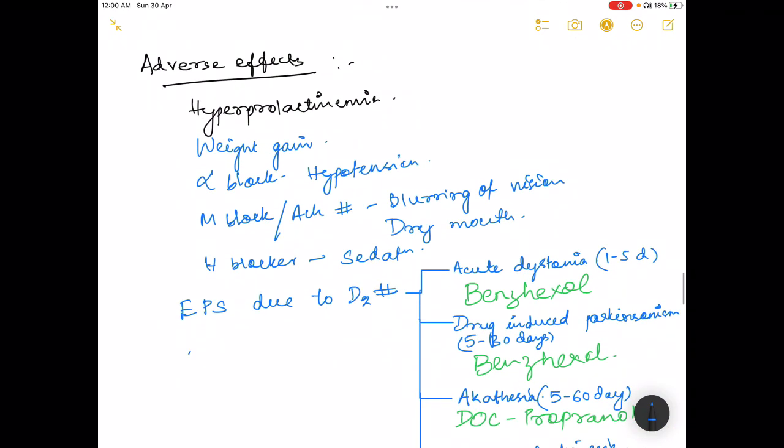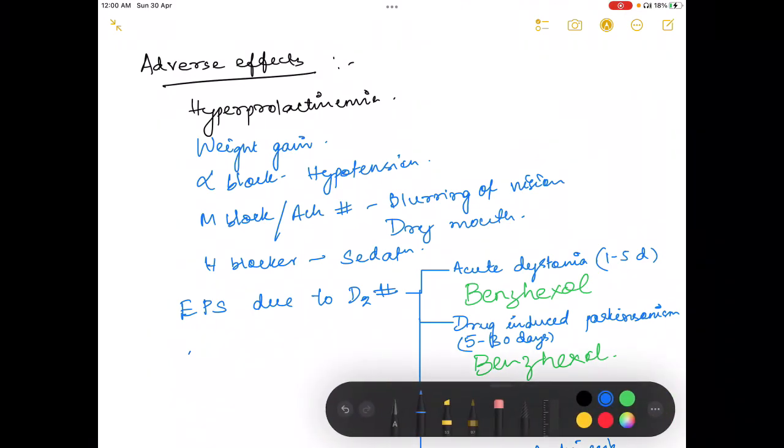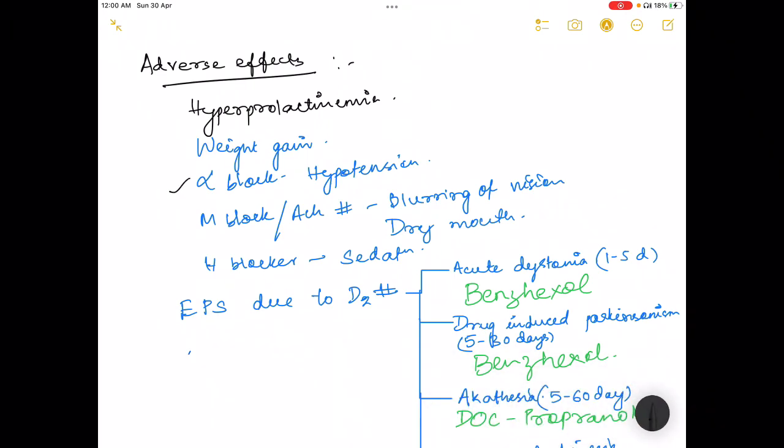Then coming to the adverse effects. Adverse effects can be hyperprolactinemia because there is D2 blockade, and there can be weight gain with these drugs. The alpha blockade of these drugs causes hypotension. Then muscarinic block or acetylcholine blockade of the typical antipsychotics causes blurring of vision and dry mouth.